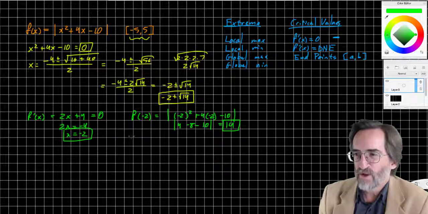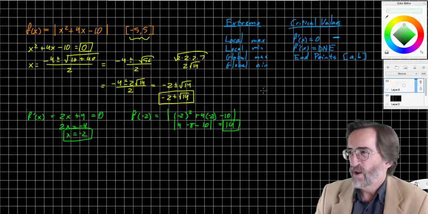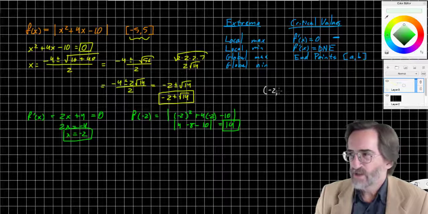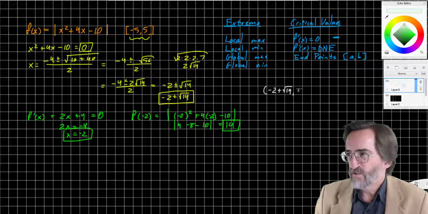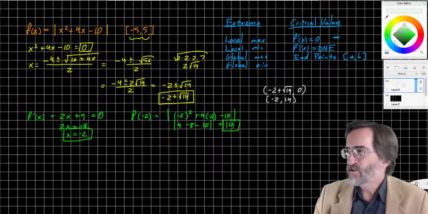Let's plot these as points over on the right here. We have the point (negative 2 plus the square root of 14, 0), and we have the point (negative 2, 14). We also need to check the endpoints.